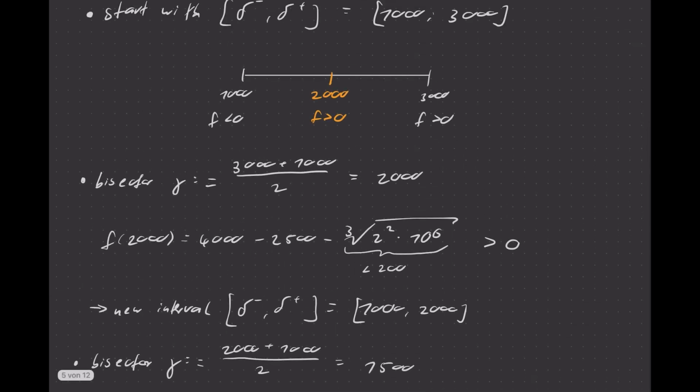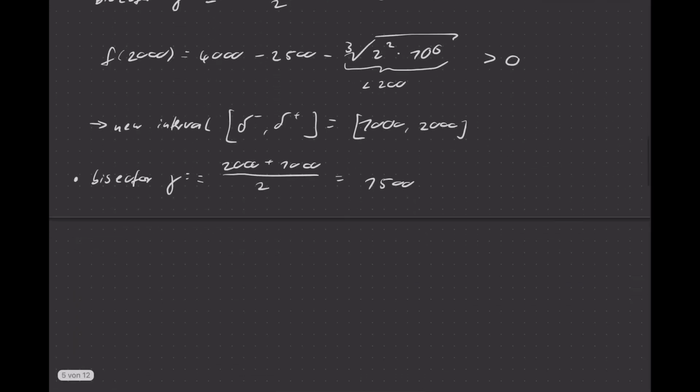So the next bisector is here, 1500. And again, we have to compute the value at that point. Or at least we have to find out whether the value is positive or negative. Now here we have 3000 minus 2500, that's 500. So we're getting closer to 0 already. Minus the third root of, well, it's 1.5 squared times 10 to the power of 6.